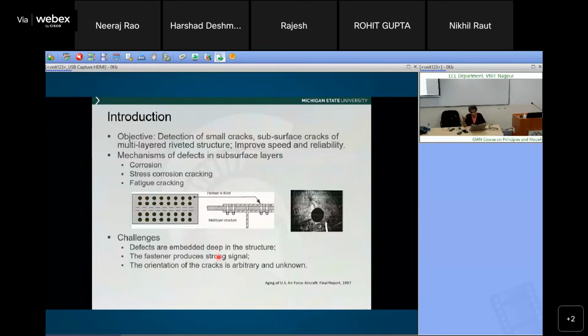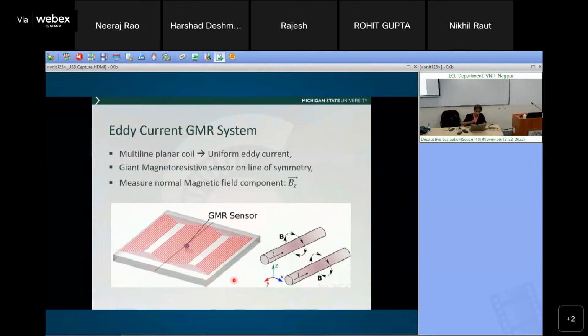So we have to have a way of suppressing the rivet signal and enhancing defect signal. And the orientation can be in any way. So we need to be sensitive to all orientation of cracks.